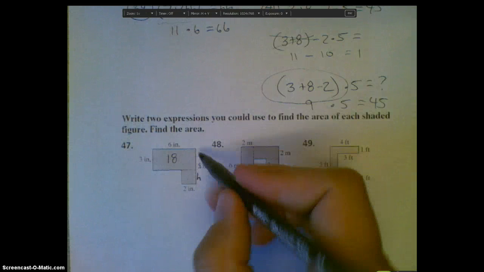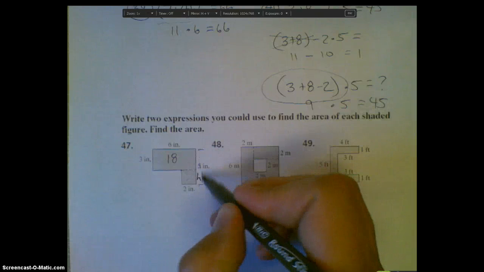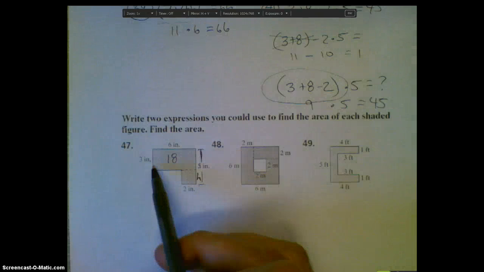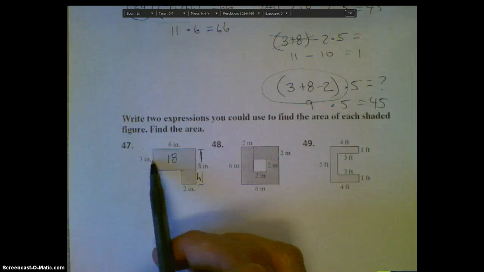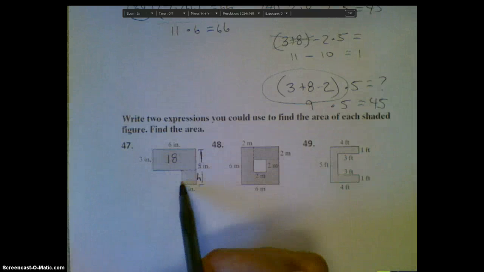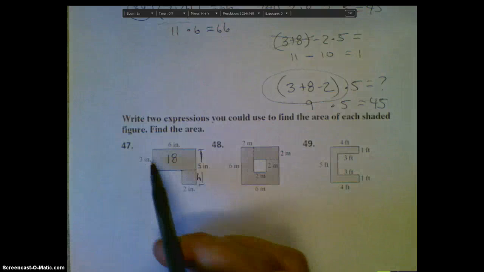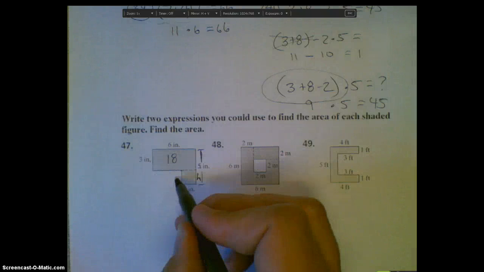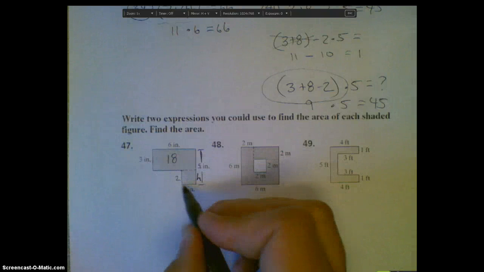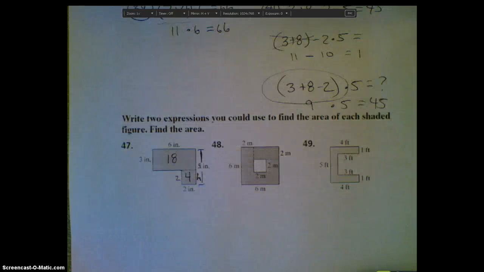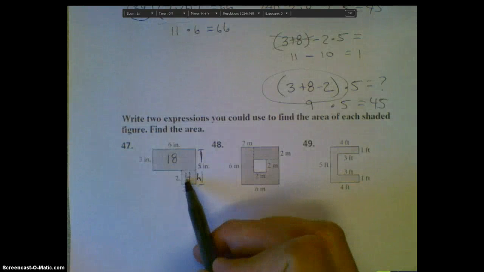I know that the whole length of this is 5. I know that this is 3, and this plus this is going to equal 5. So 5 minus 3, that makes this side 2. So 2 times 2 is 4. Now I add those together and I get the total area, which is 22.